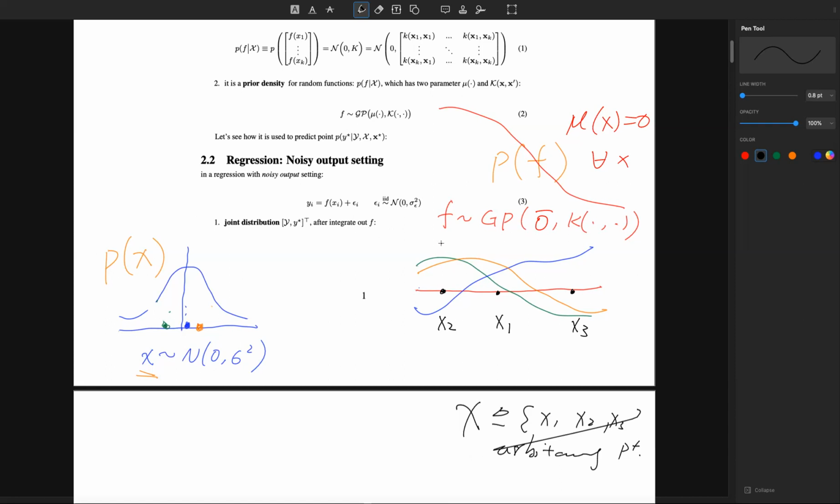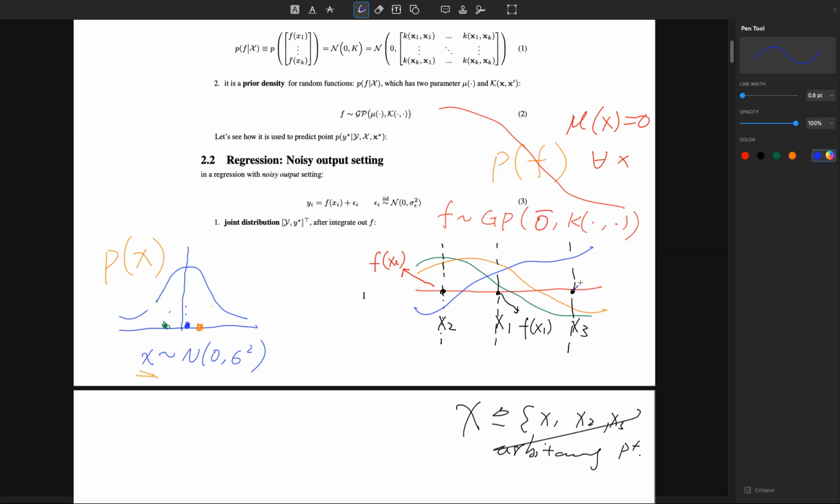I'm going to call one f of x2, I have another random variable, and I'm going to call it f of x1.